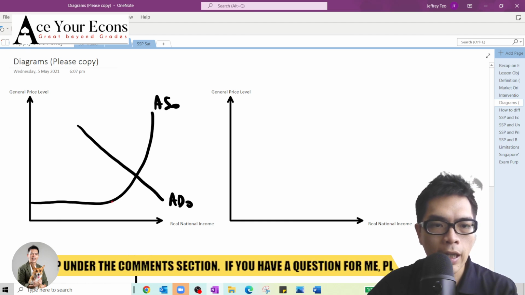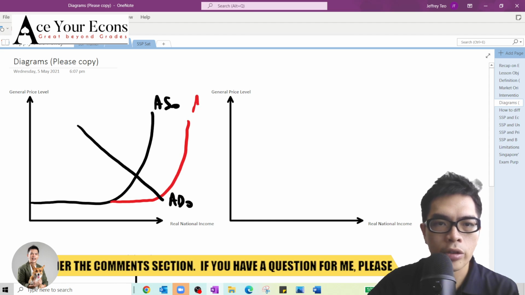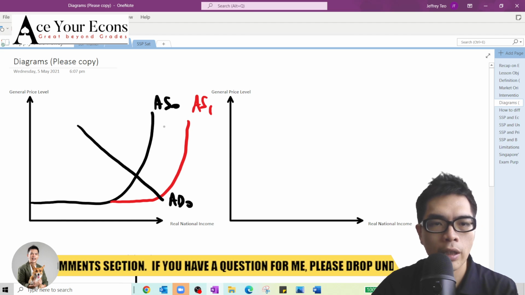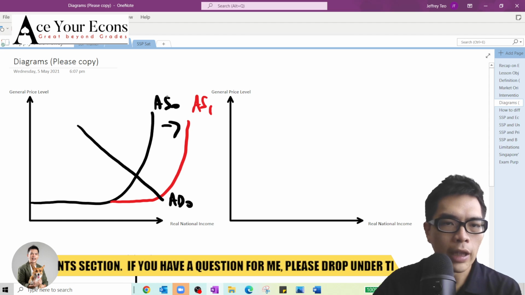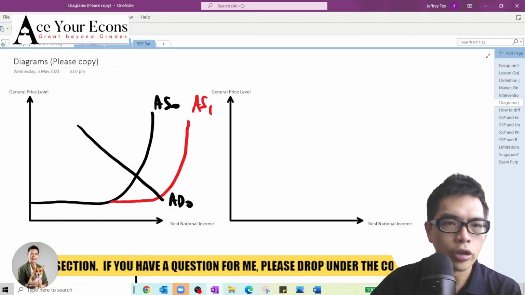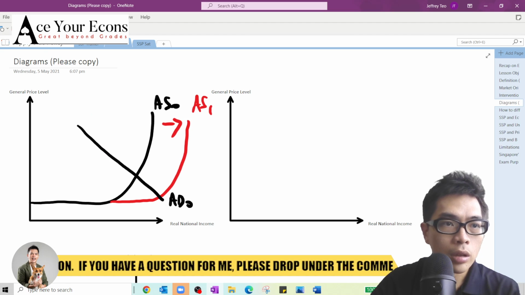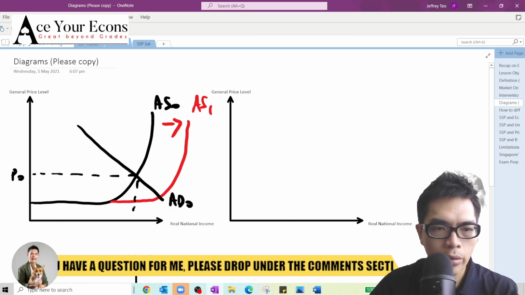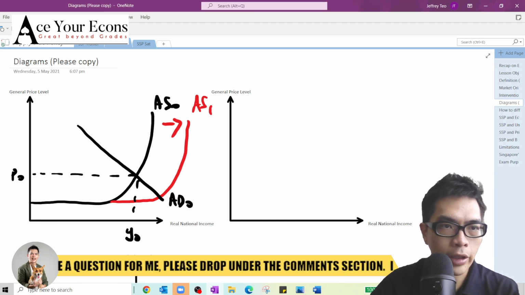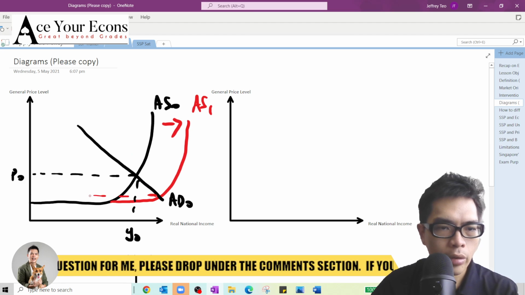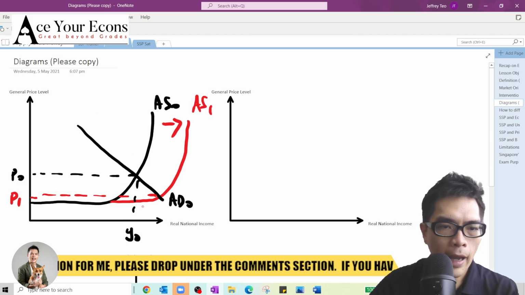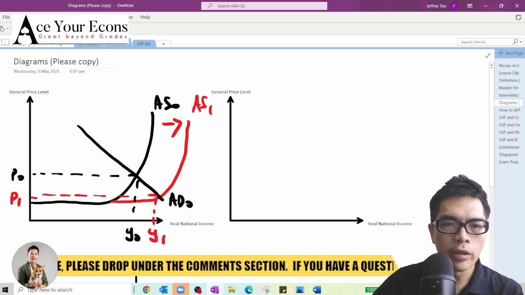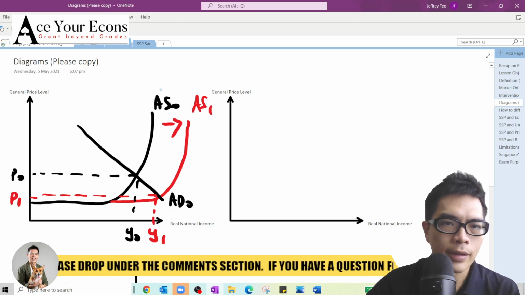So you can see that as a result of, let's say, an increase in your production capacity through higher productivity of your workers and retraining, all those kinds of things, the effects on your real national income and your price are going to go in opposite directions. So price is going to go down and income is going to go up. This is the effect of your LRAS.